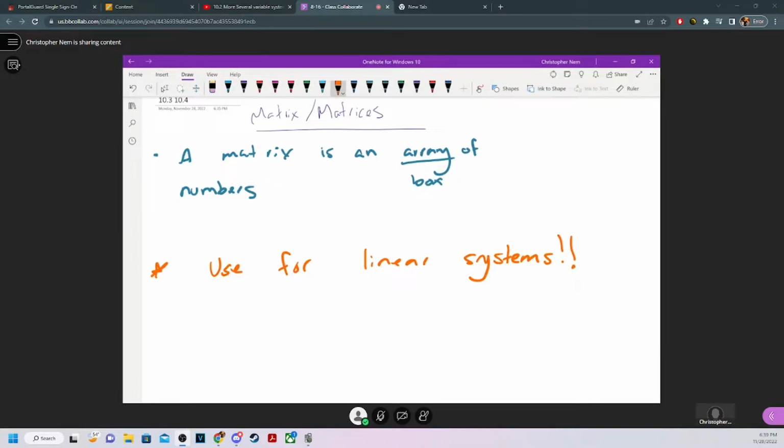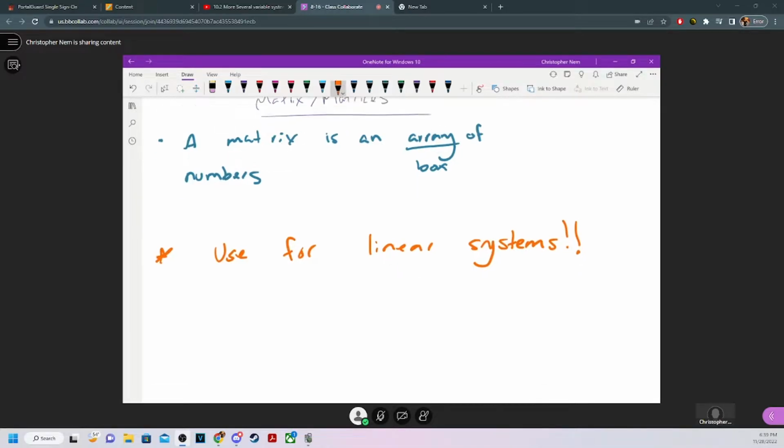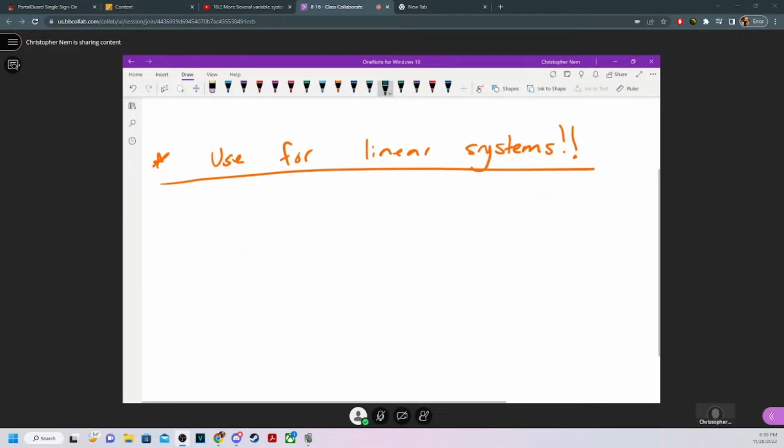So, let's take a simple one real quick. Let's take the linear system example: 2x plus y minus 2z. And you guys might have remembered this from the last one.